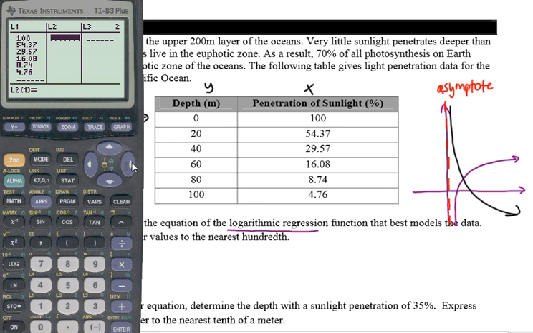Did you put this as x? Okay. 0, 20, 40, 60, 80, 100. Okay, got an error still? Did this line up? Which type of regression did you do?